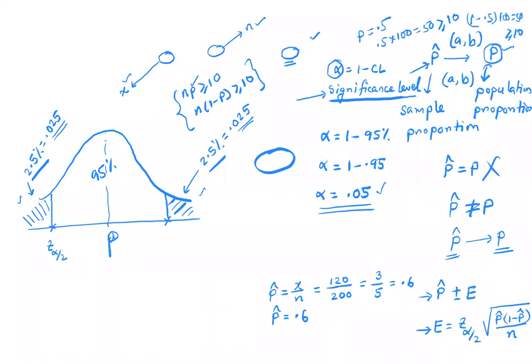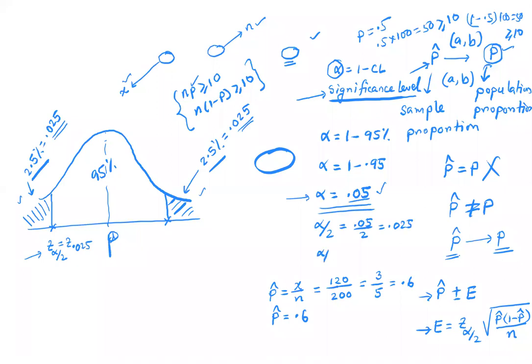You see, alpha is this. Why do we put alpha over 2 as a subscript to z? Because we are taking half of it. In our case, z sub alpha over 2 is going to be z sub 0.025. Why 0.025? Because alpha is 0.05. Half of it is 0.05 divided by 2, which is 0.025, right?